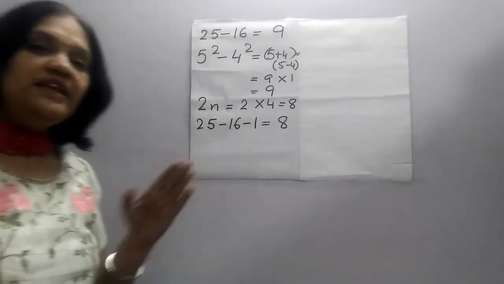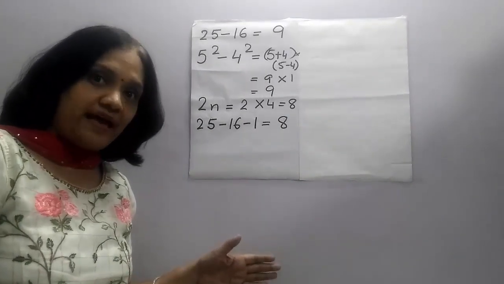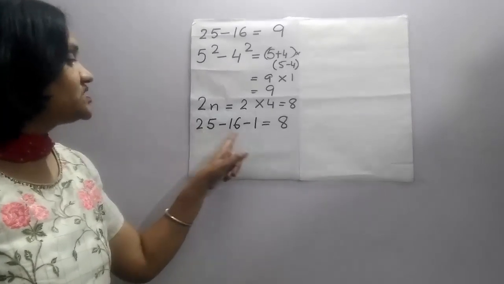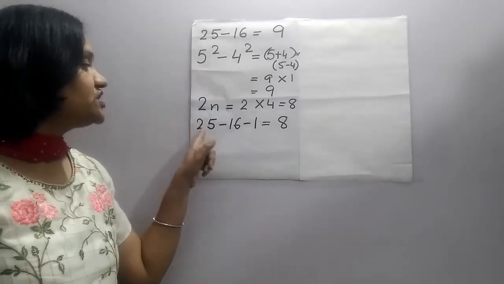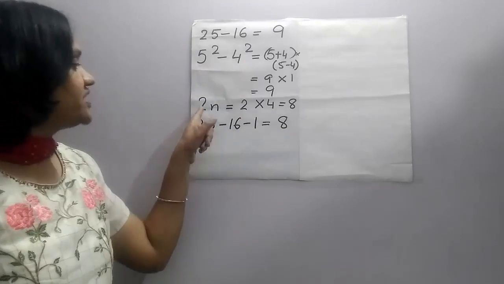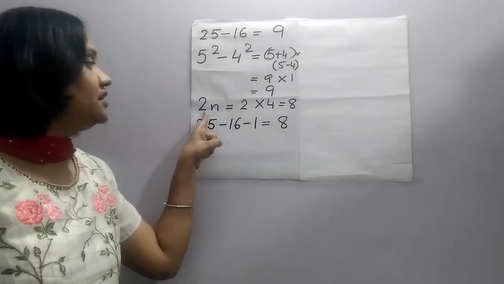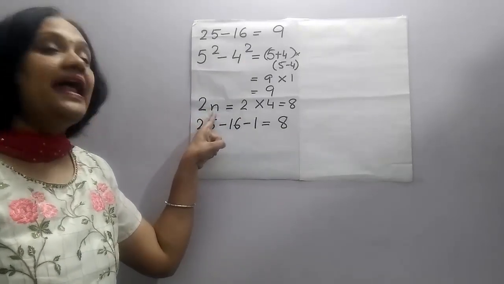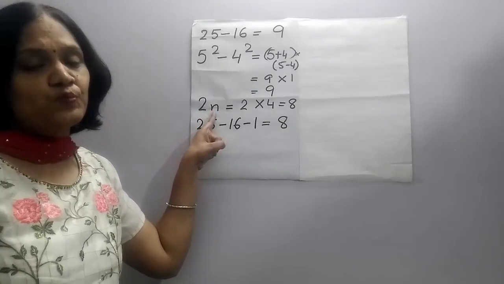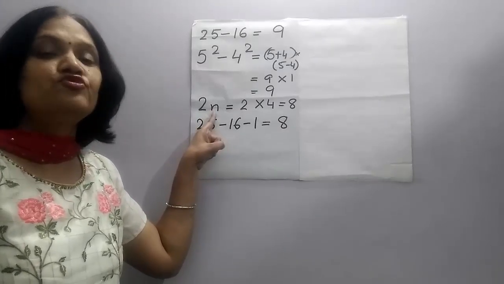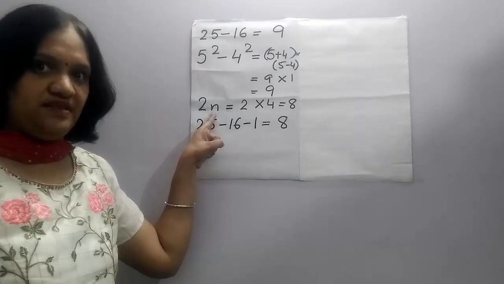To find how many natural numbers are there between the squares of two consecutive natural numbers, we can directly use the formula 2n, where n represents the smaller of the two consecutive natural numbers.